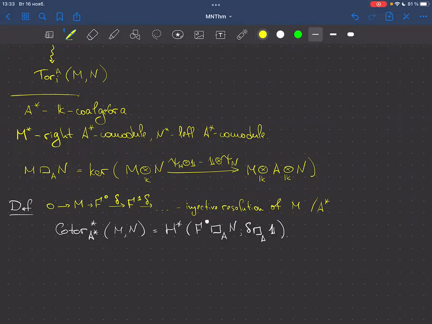At this point we have A star; for A star we can take the dual of the Steenrod algebra. For M and N we can take the duals of the things that appear in the Adams spectral sequence.